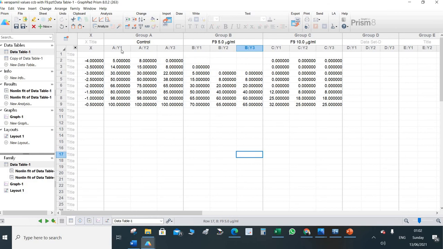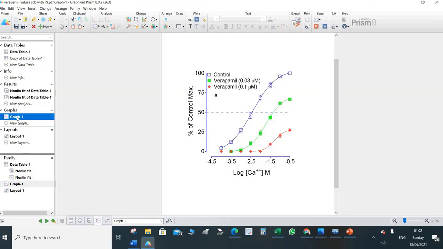Then this is in 1, this is in 2, this is in 3, and in the presence of F9 flavonoid number 9 molecule of 5 microgram per ml, this is in 1, in 2, in 3, and the same is the value for 10 microgram per ml of the F9 molecule. Consequently you get a graph like this one, even for verapamil.